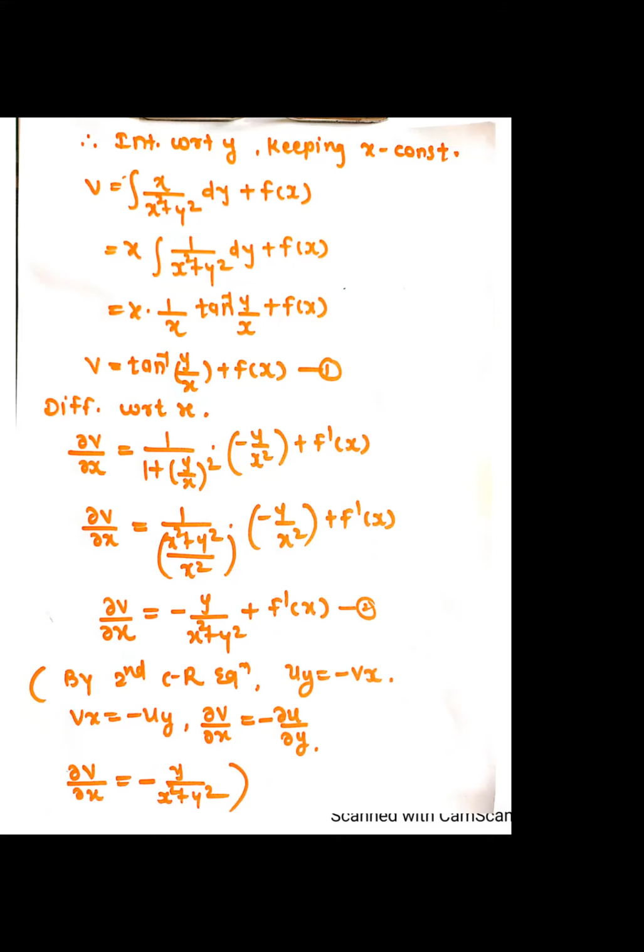Is it clear? Just remember the formula of 1 upon a square plus x square, that is nothing but 1 upon a tan inverse of x upon a. Here, instead of x, we have y, so it is 1 upon x tan inverse of y upon x.